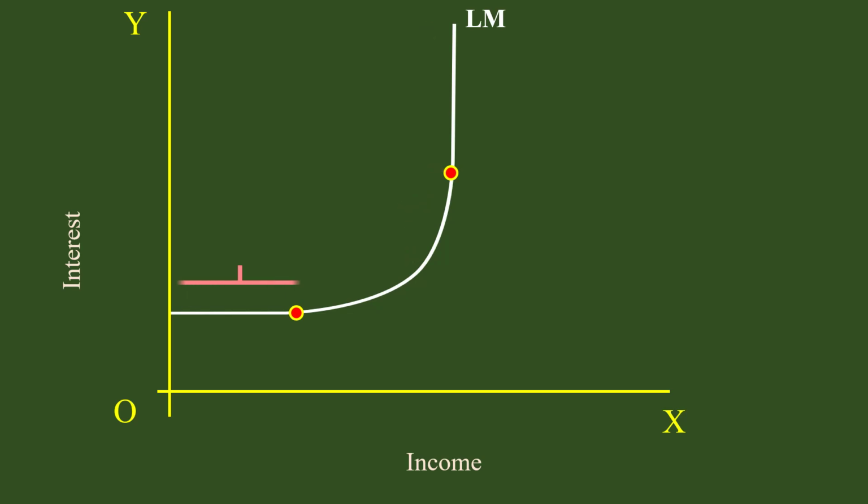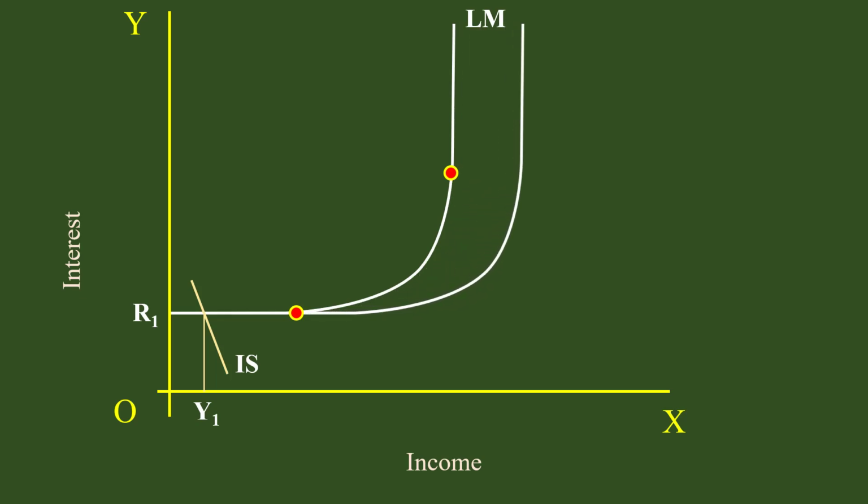Take the Keynesian range. Initially, the economy is in equilibrium and operating with interest R1 and income Y1. The government uses monetary policy to increase the income. It increases the money supply. The LM curve shifts to the right.